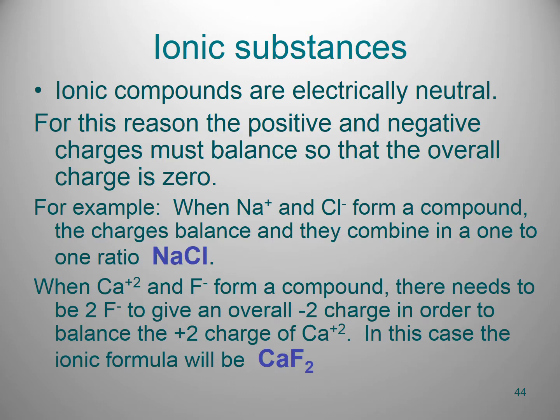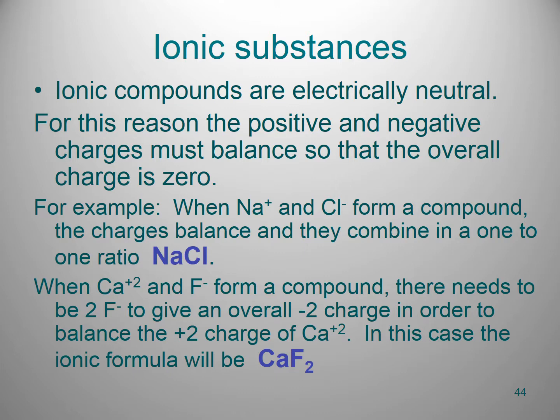Say calcium and fluoride want to come together to form a compound. Well, the calcium is a +2 and the F is a -1. So if they come together 1-to-1, they're not going to be neutral. It'll overall be a +1 charge, because a +2 and a -1. So that cannot happen. We need to have a +2 total charge and a -2 total charge to balance each other out, the lowest ratio.